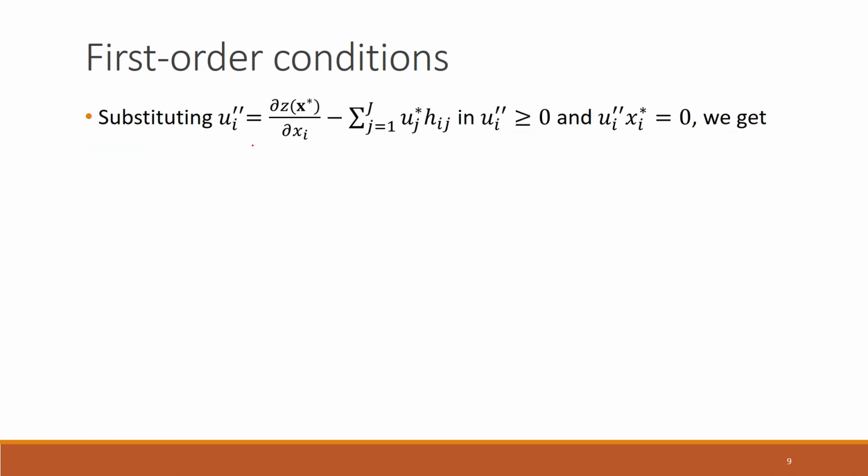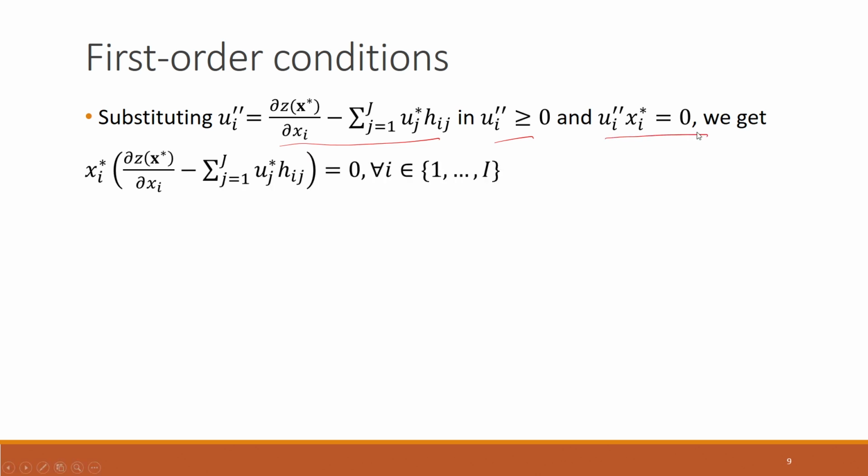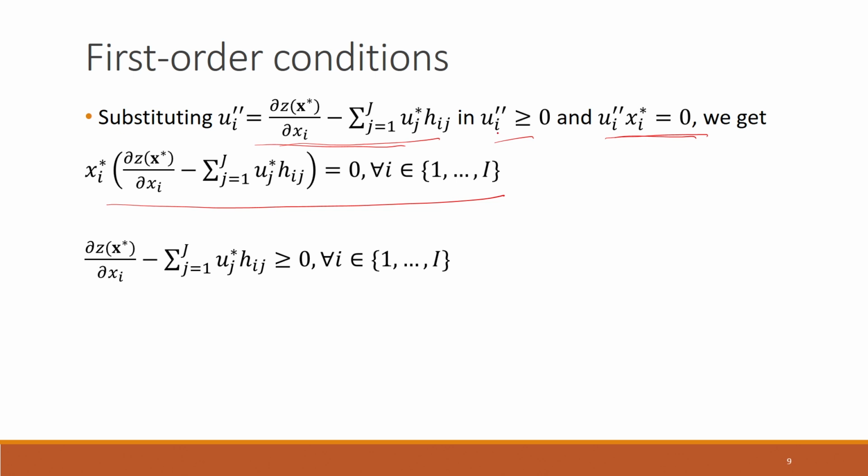Substituting the value of ui double dash to be equal to the partial derivative of z with respect to xi minus this summation uj star hij in ui double dash greater than equal to 0 and ui double dash xi star equal to 0, we get this condition. So if you replace ui double dash with this value here, you will be getting this. This is the first condition, and we know that ui double dash is greater than equal to 0, so we get this condition.